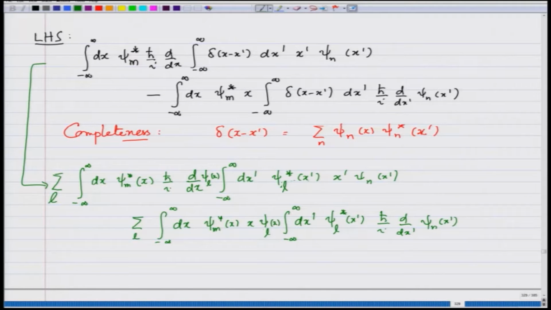Let me now put some brackets so that terms are easy to identify. I will put one bracket here, second bracket in the second term, one bracket here, and second one for the second integral.